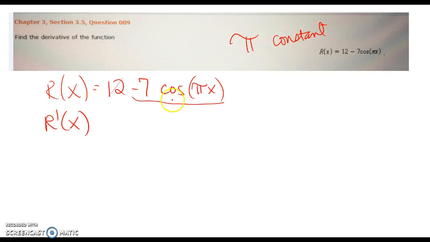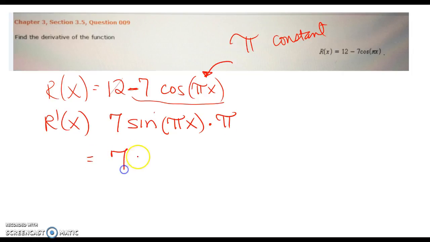The derivative of cosine is negative sine, so that negative will take out this negative. So I'll end up with 7 sine of pi x times the derivative of the inside function, which is just pi. So this should be 7 pi sine of pi x.